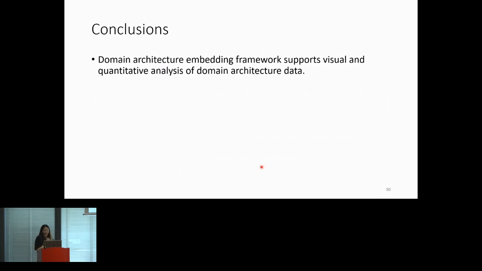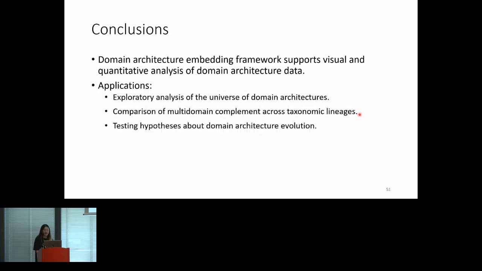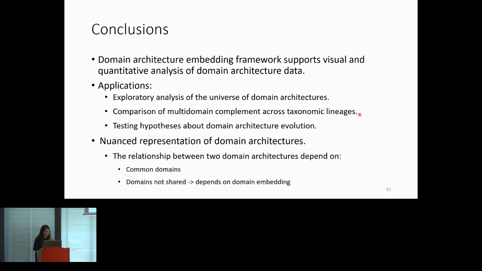And so for conclusions of this work, the domain architecture embedding framework supports visual and quantitative analysis of domain architecture data. It has many applications, including exploratory analysis of the universe of domain architectures, comparison of multi-domain complements across taxonomic lineages, and testing hypotheses about domain architecture evolution.